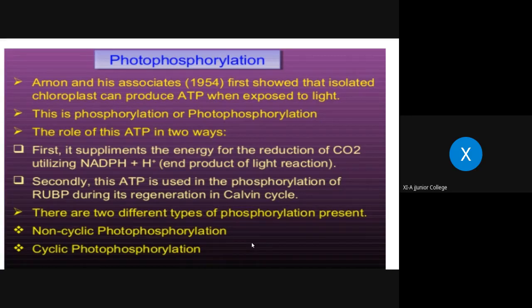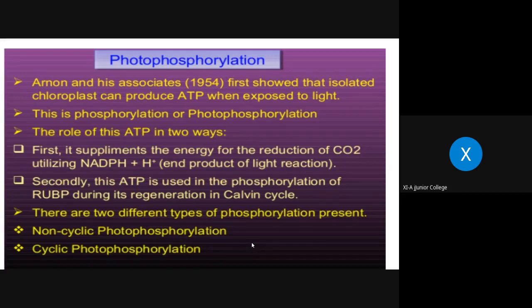That is, synthesis of ATP takes place in the presence of photons. Phospho is the word related to phosphates. Photo is related to the word light. So in the presence of light, there is addition of phosphates which produces ATP. So synthesis of ATP in the presence of light is what we call photophosphorylation.